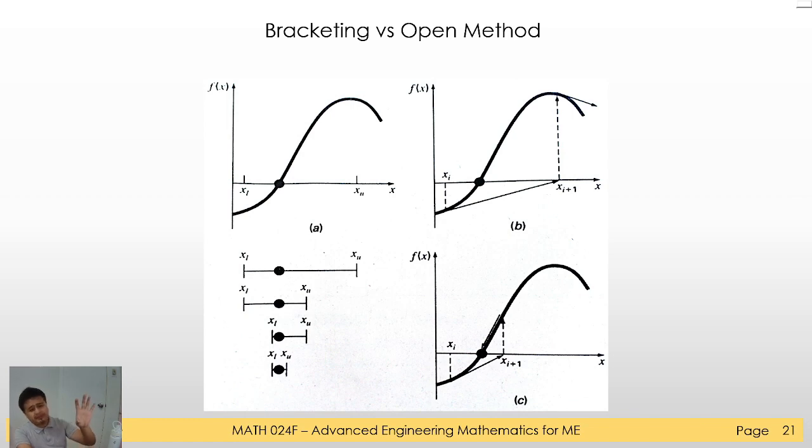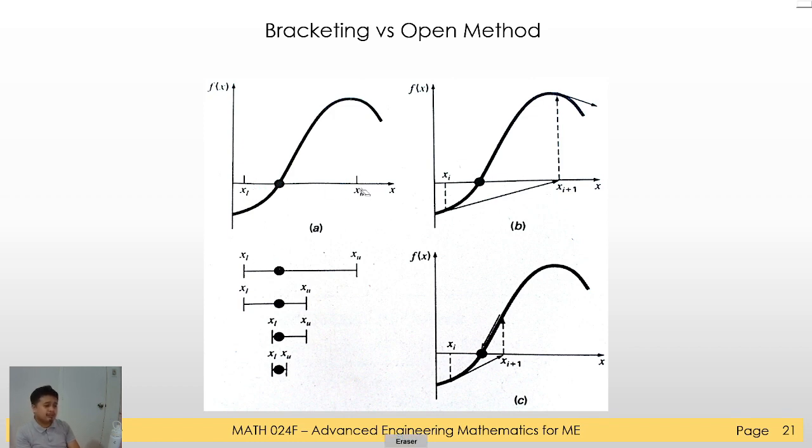Okay, so a brief representation of bracketing methods and open methods. For A, we know that this is the solution, and then we could find the solution in between xu and xl by interval halving.